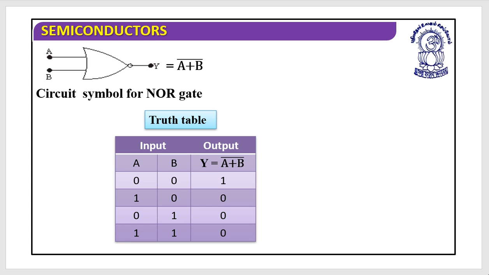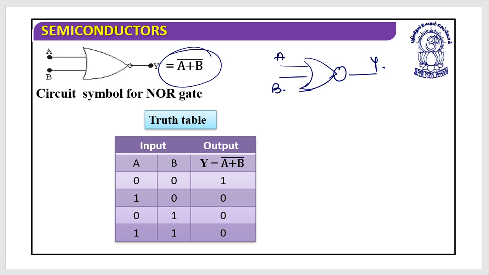And next let's look at this bubble. I hope you can see this. This is A, this is B, and this is Y, and this is its Boolean relation: Y equals (A or B) whole bar.